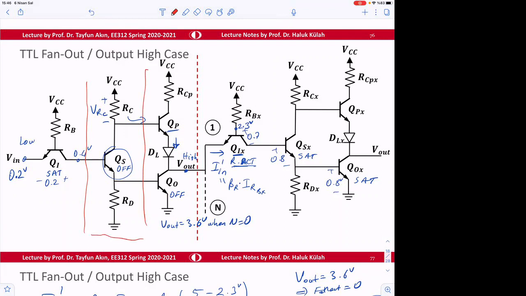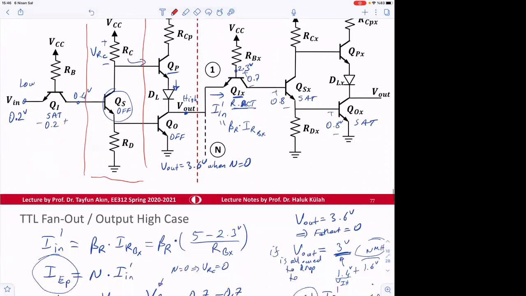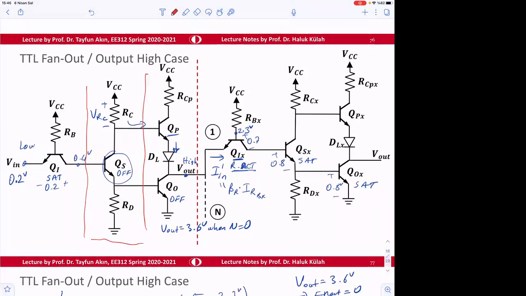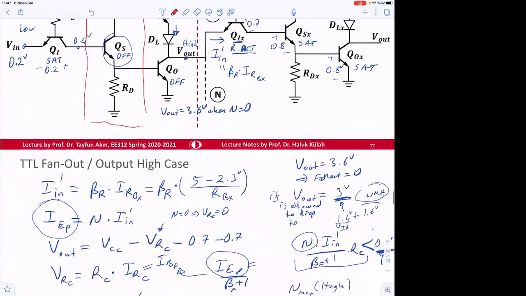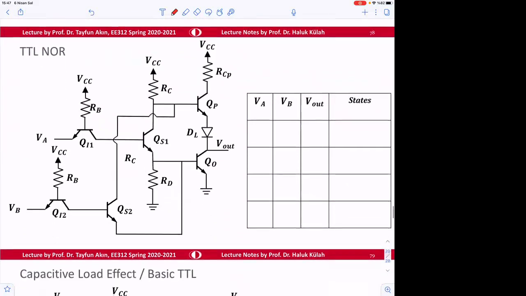So we know the operation. This was for the inverter. We can make a NAND gate out of this very easily and simply, or a NOR gate. I guess the NOR gate is a little bit more complicated, and it is given here.